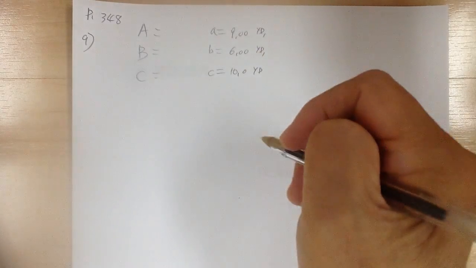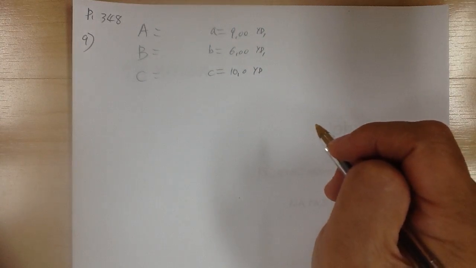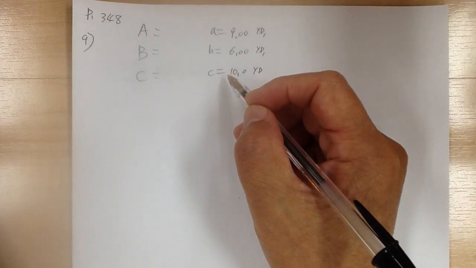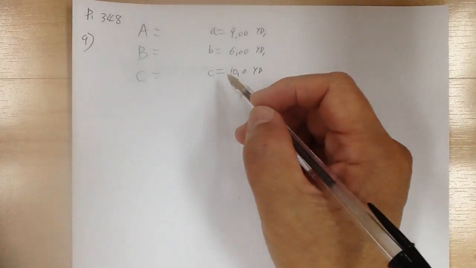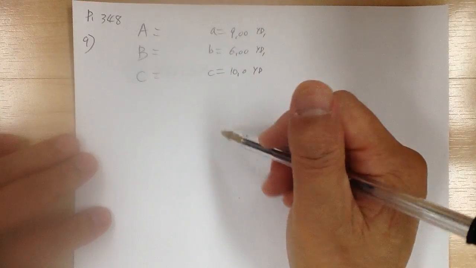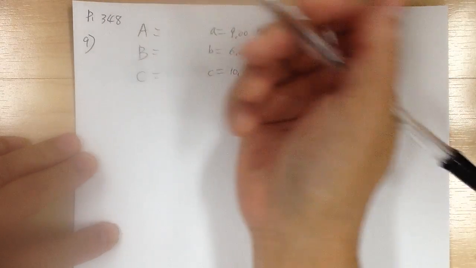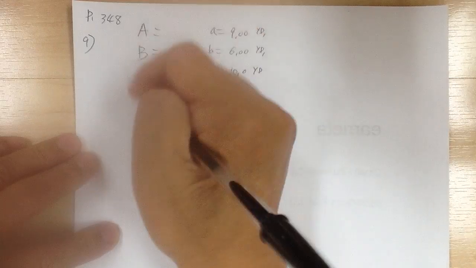Okay, so again, all three sides are given. All three letters are different, and therefore you have to use the law of cosine. And so now it doesn't matter which one you're looking for first. Okay, so let's go and do A. So let's use the A version of it.